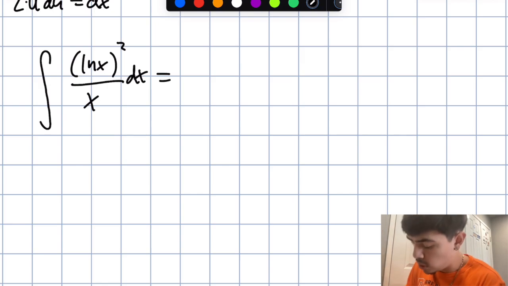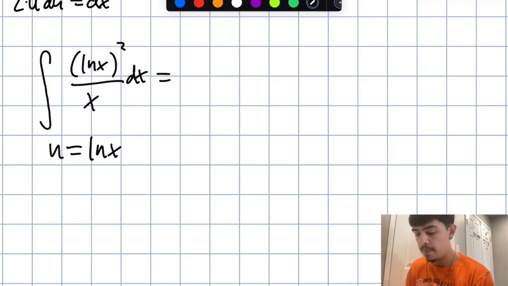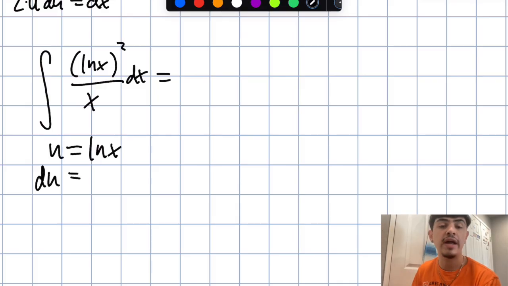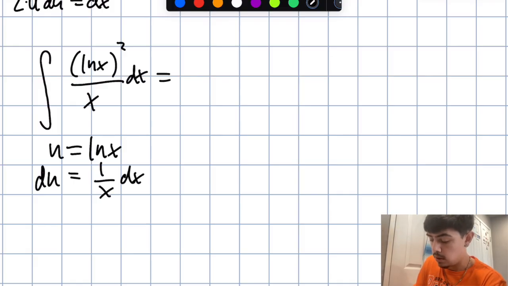So we're going to do u equals the natural log of x, right? Next step, derivative of both sides. We get du equals derivative of natural log is 1 over x, or 1 over whatever variable you have, dx, right? So that's perfect. Now remember what we do. We solve for dx.